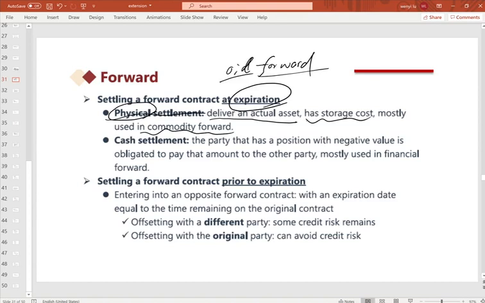For example, in Chicago, there's a huge futures market. The farmers will buy futures to protect the price of their production. In the harvest season, these farmers are worried the price may be too cheap for their products, so they will purchase a futures contract to protect against loss in the future.